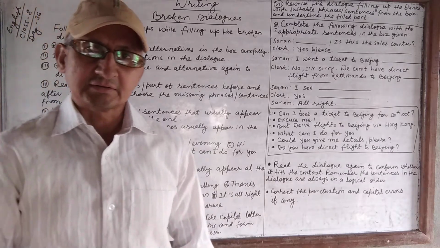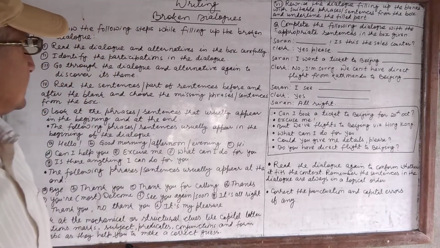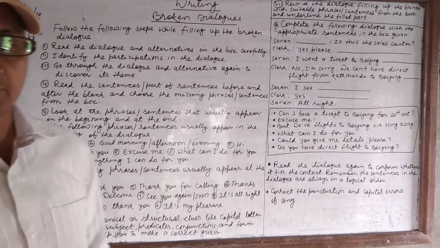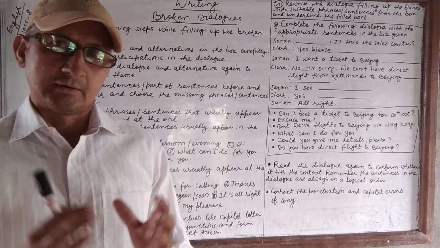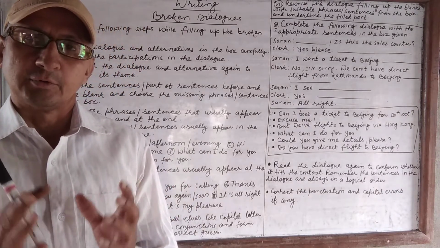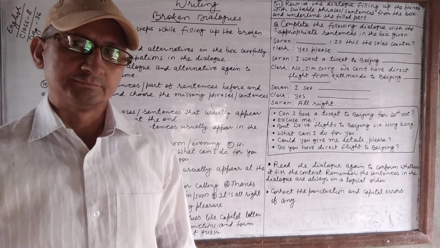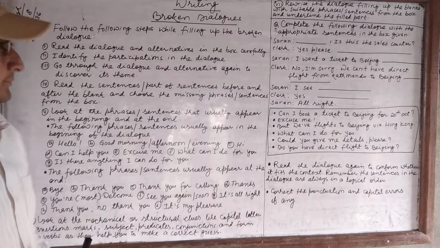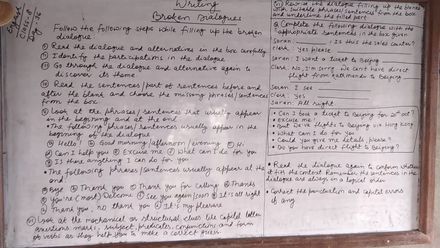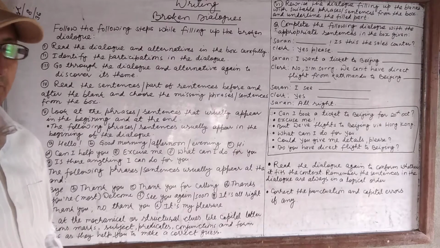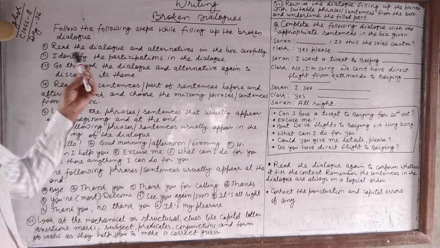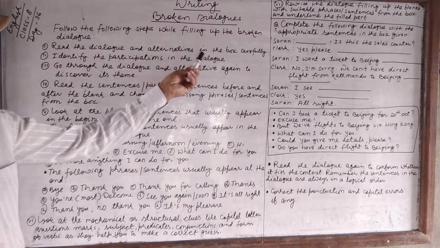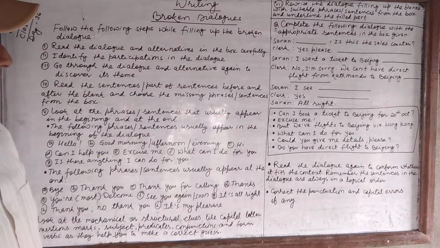Let's discuss the steps that you have to know while completing the broken dialogue. Here I have written some steps for filling up the broken dialogue. The first step is read the dialogue and alternatives in the box carefully.